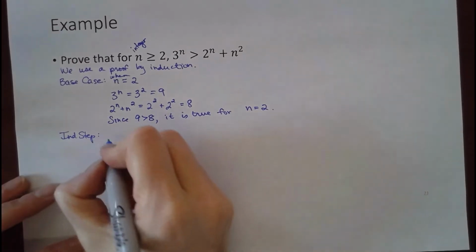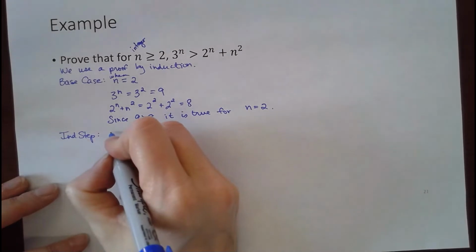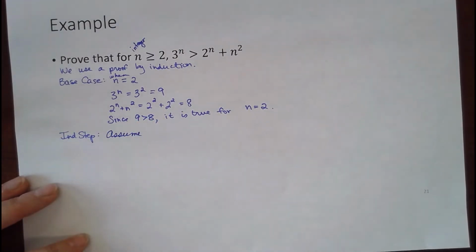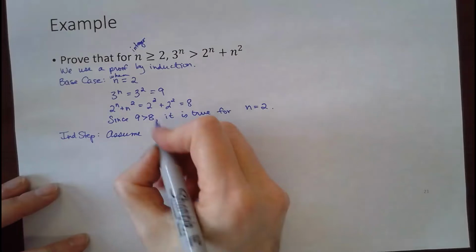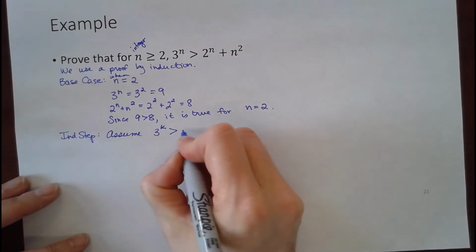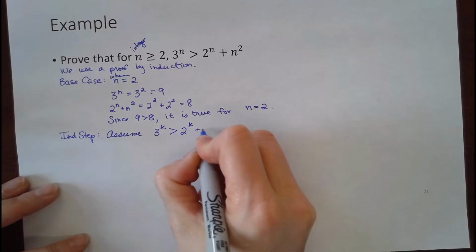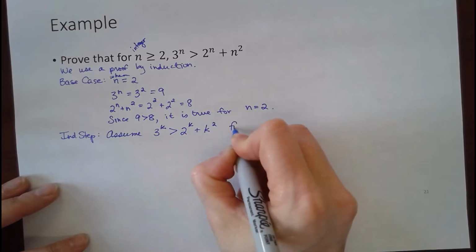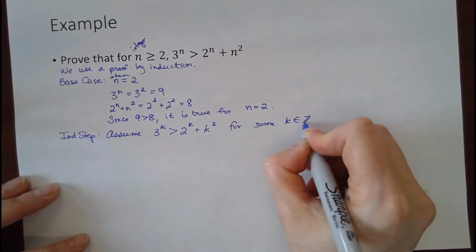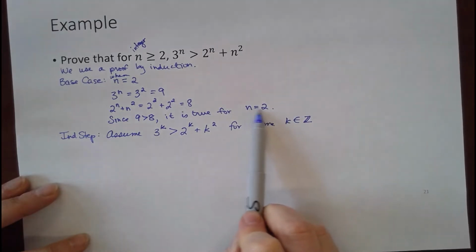Good. Okay, so we're going to assume that what we're trying to prove is true for some arbitrary k that's bigger than or equal to n. So we're going to assume that 3 to the k is greater than 2 to the k plus k squared for some integer k where k has to be greater than or equal to 2.